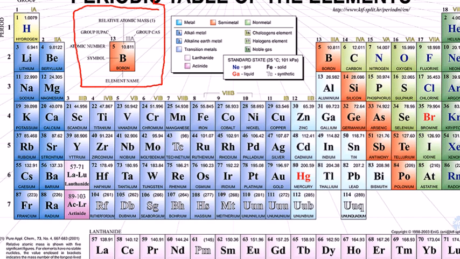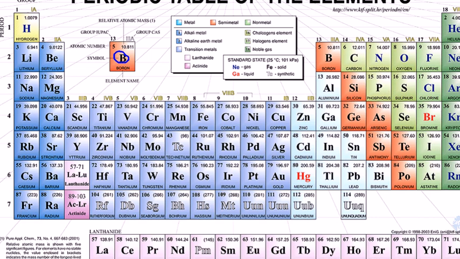The first thing, and let's look at boron here, is this B in the middle. That's known as the symbol, and every element has its own symbol.